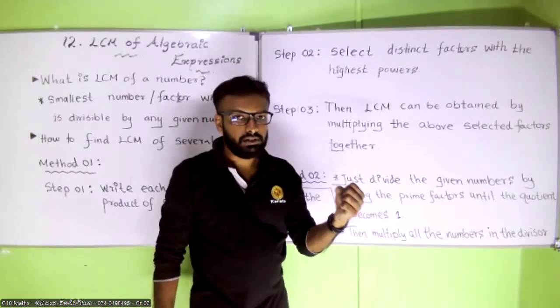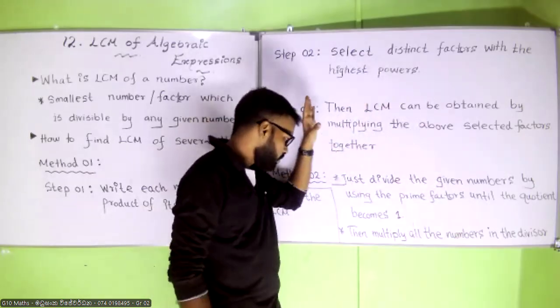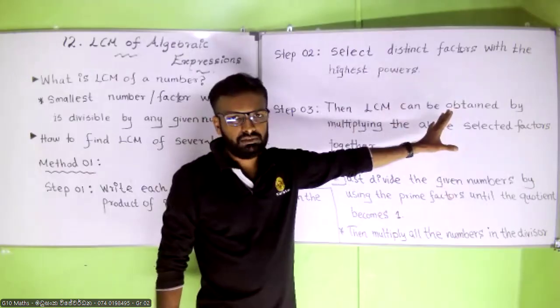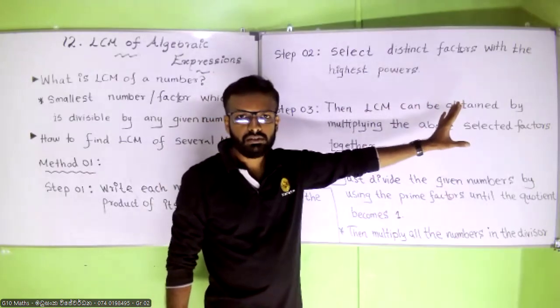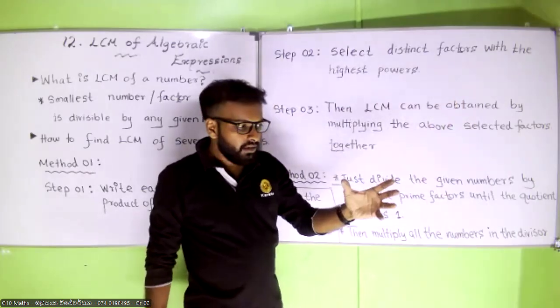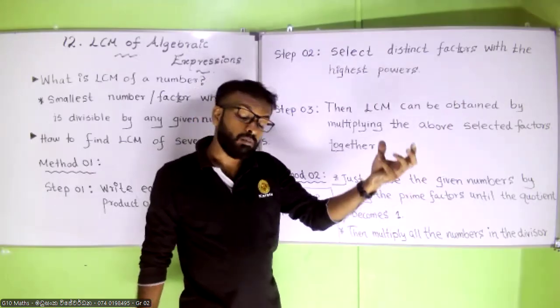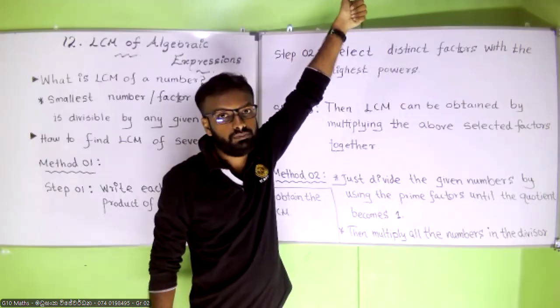Distinct factors, different factors, all throughout. You have to find the distinct guys, different factors, different guys. Find them, highlight and select from those different factors with the highest power.